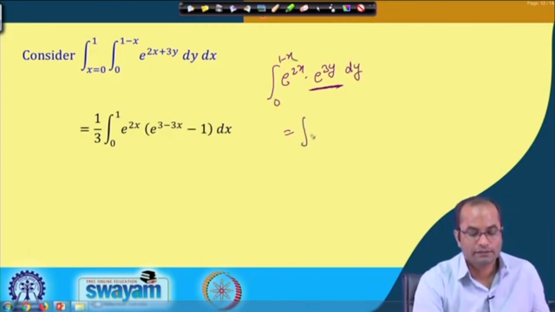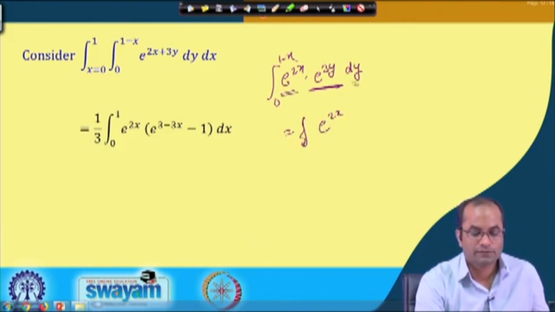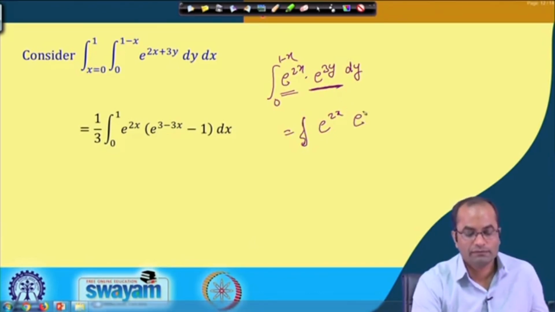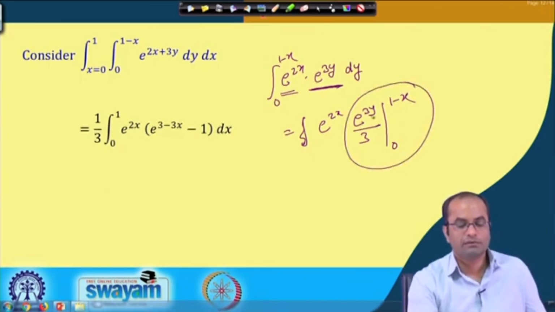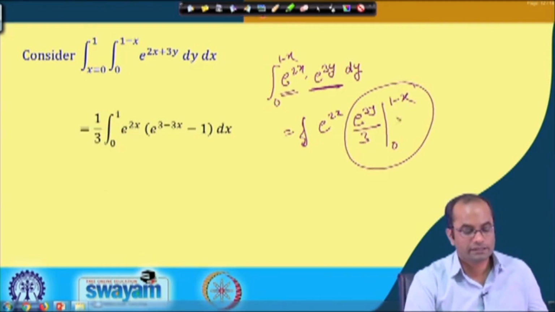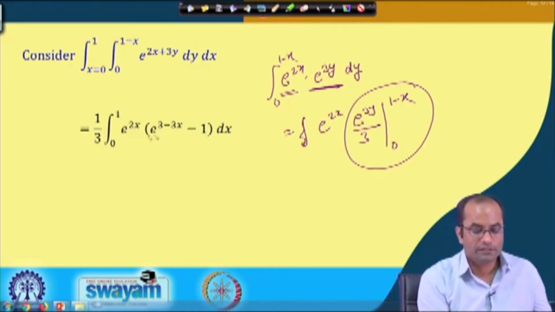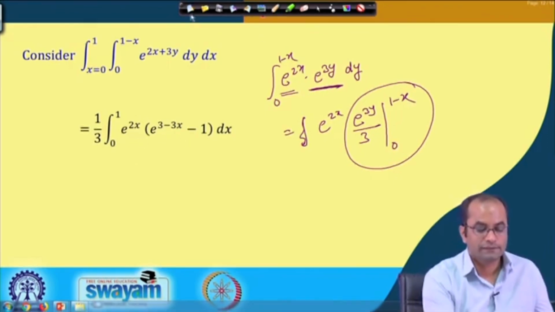We get e power 2x as a constant with respect to y, and e power 3y will become e power 3y over 3, with the limits 0 to 1 minus x. When we put the upper limit here, we will get e power 3 minus 3x, and then minus 1 here.